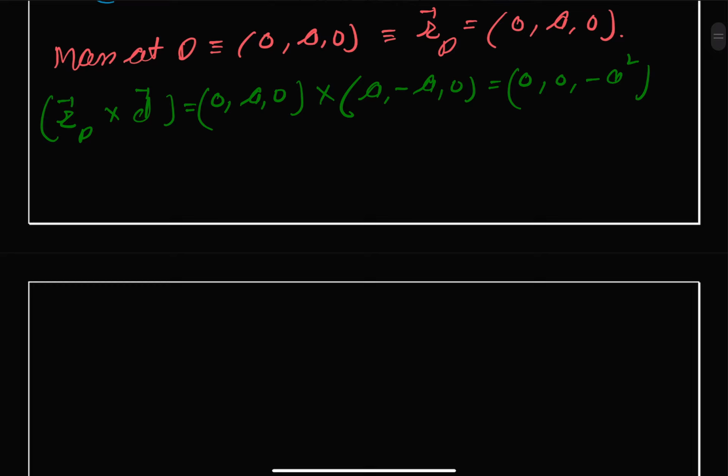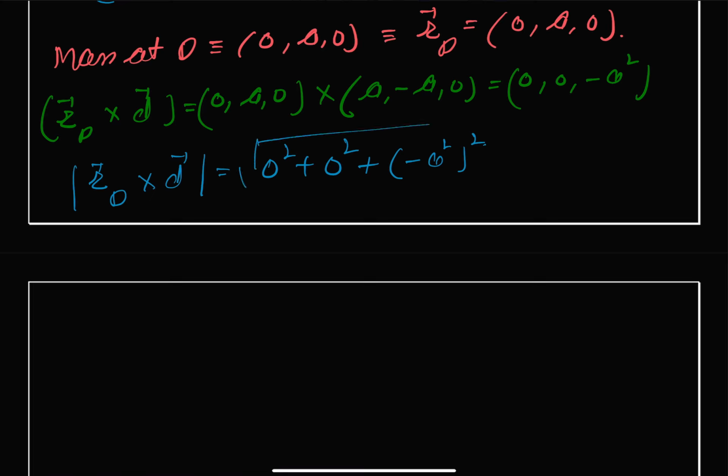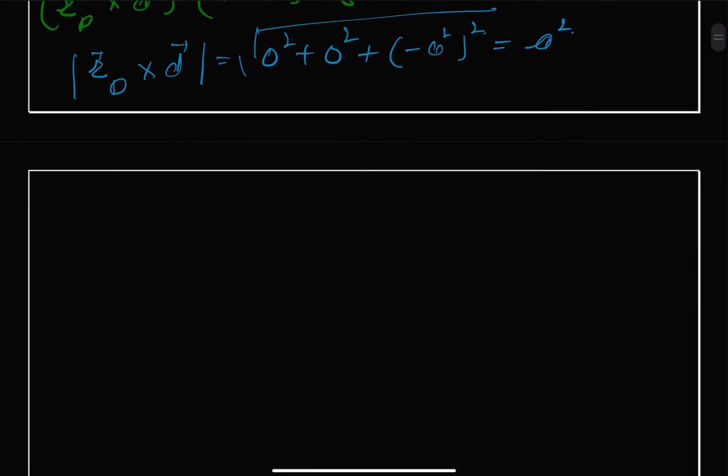Now we are interested in its magnitude, so the magnitude of r of t cross d will be equal to the square root of 0 square plus 0 square plus minus a whole square. So this gives us a square.